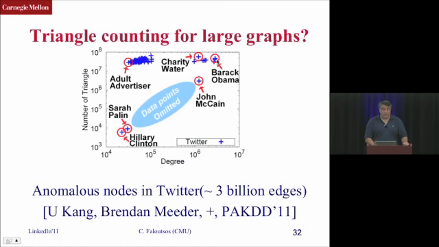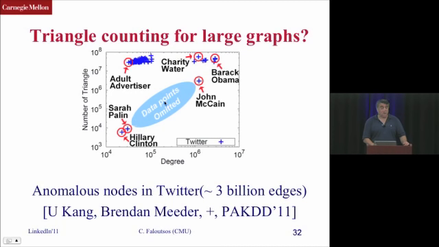What happens is that we see, not surprisingly, the horizontal axis is degree, the vertical axis is number of triangles. Barack Obama has a huge number of followers, which form a lot of triangles. Apparently, they're friends with each other, or they follow each other. More or less the same is true for John McCain, Hillary Clinton, Sarah Palin, right? Everybody's along this line, in log-log scales, so the slope is the same.